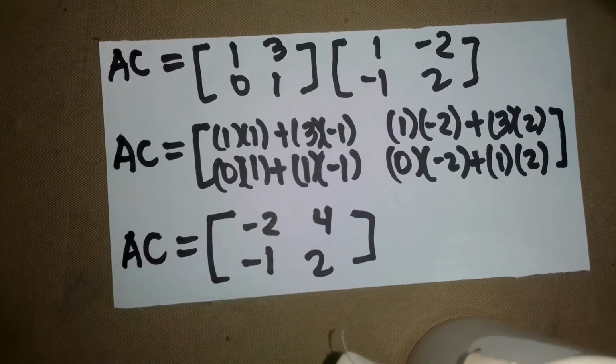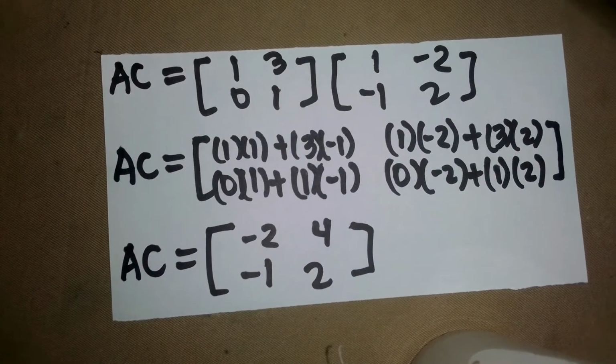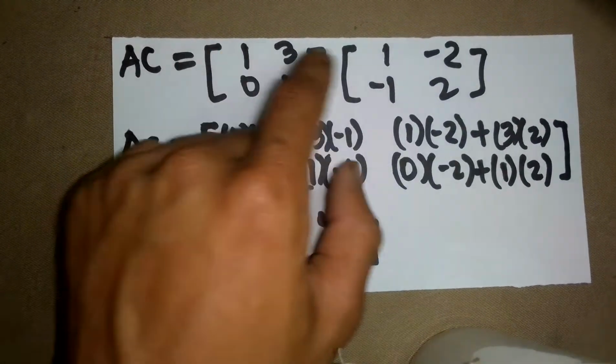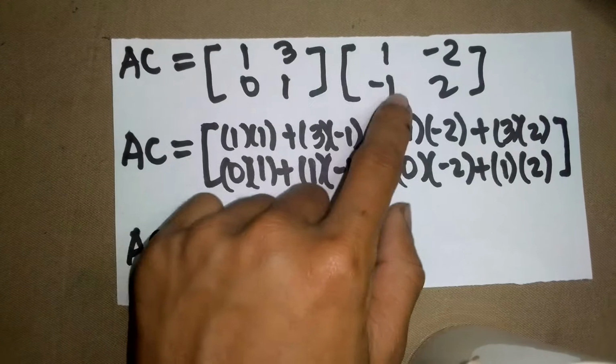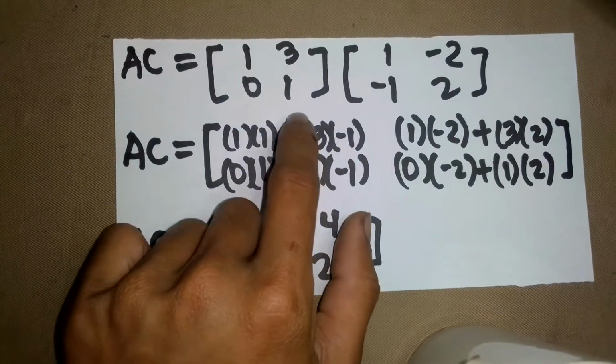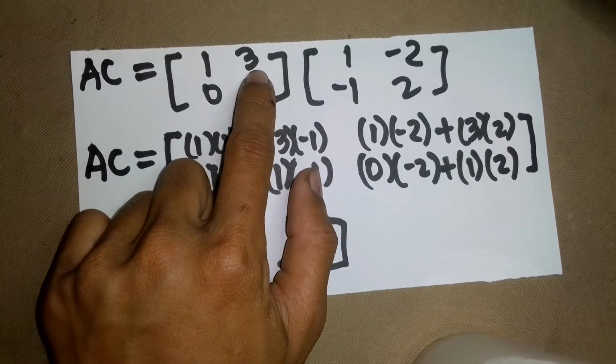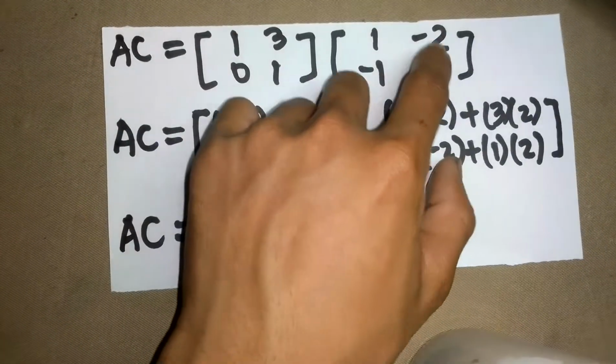First, we get the value of AC, just like the process. First row multiplied by first column. First row multiplied by the second column.